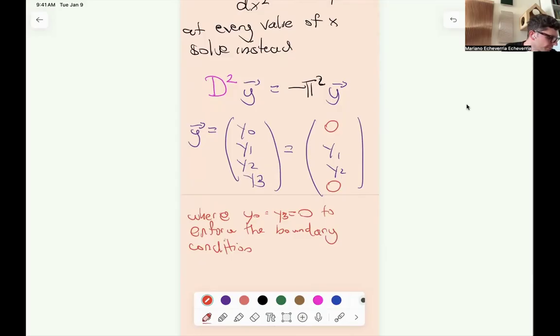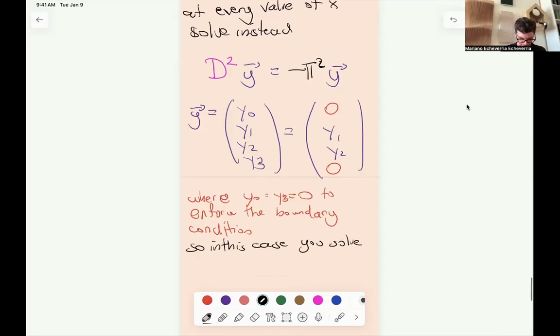You only end up having to solve a linear system of equations for y1 and y2.